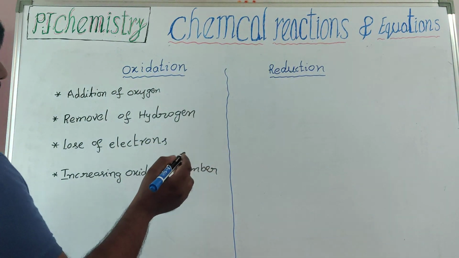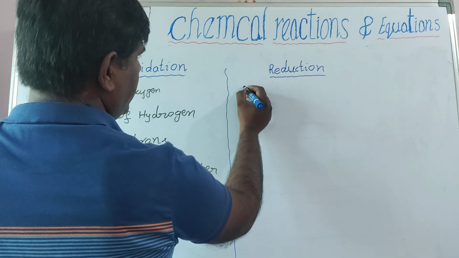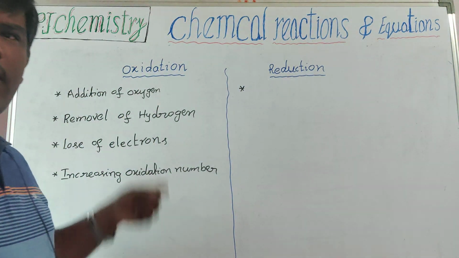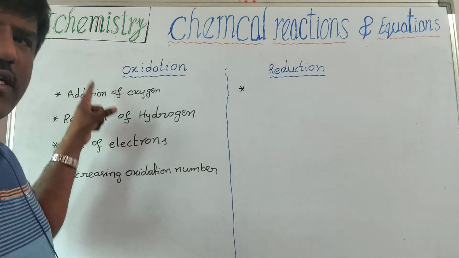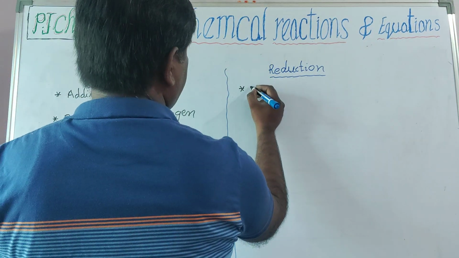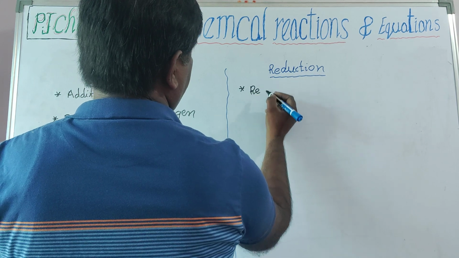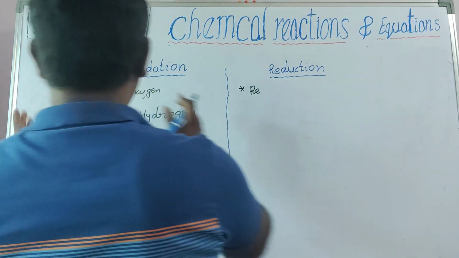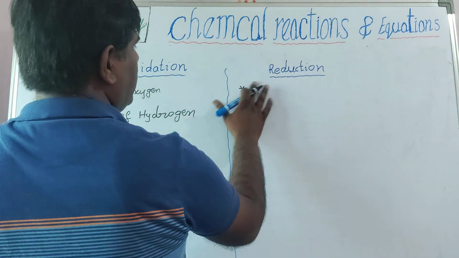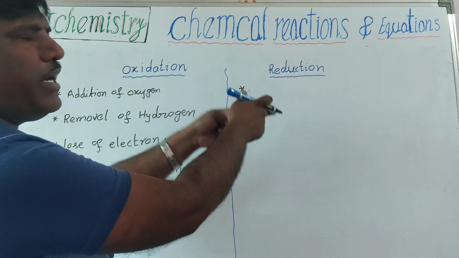Next, reduction. It's the opposite. Addition of oxygen is oxidation; removal of oxygen is reduction. Or sorry, here addition you given, here also addition I will write. Whatever is removed there will be added here.